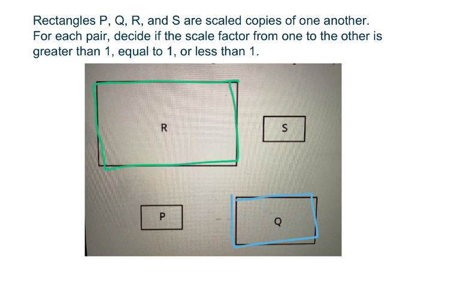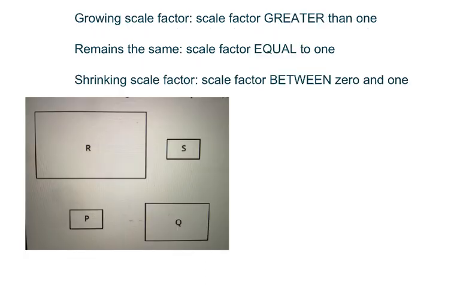So as we go from rectangle Q to rectangle R, we'll need to decide what kind of scale factor we have. To decide that, it can help to have some facts about scale factors. If you have a growing scale factor, that means you have a scale factor greater than 1.